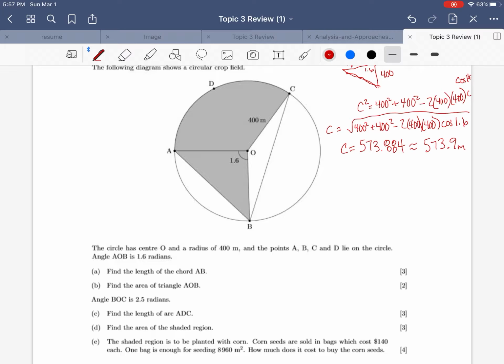Find the area of the triangle AOB. Well, the area is simple to find because the area of a triangle is 1/2 a b sine C, which is 1/2 times 400 times 400 times sine of 1.6. And I just put all of that into my calculator too.